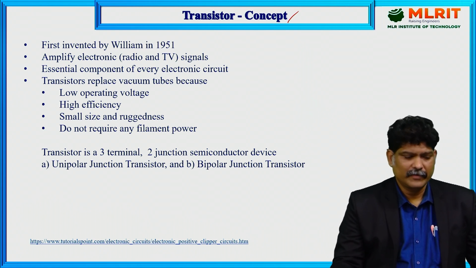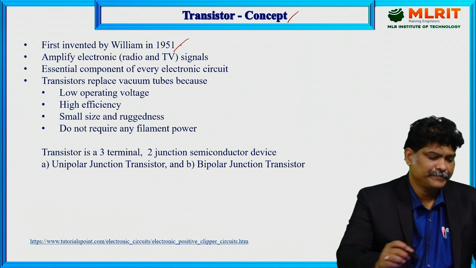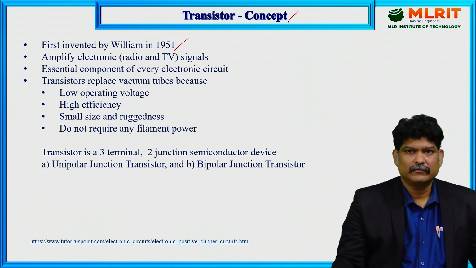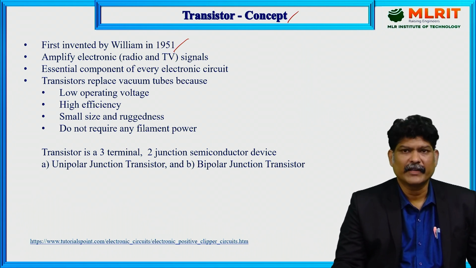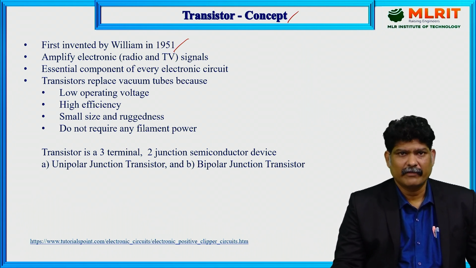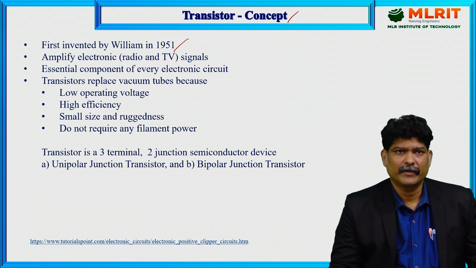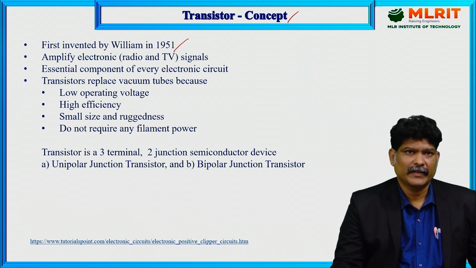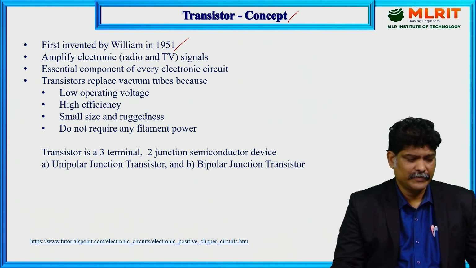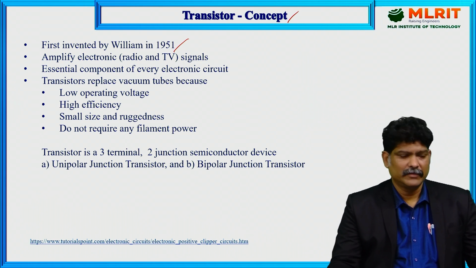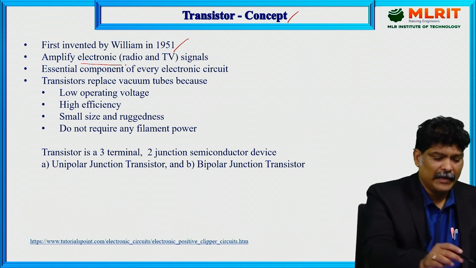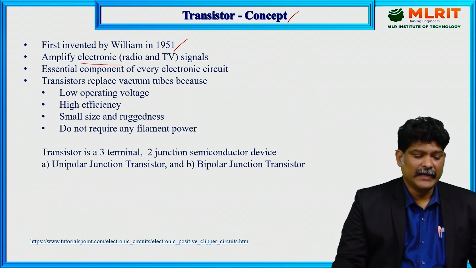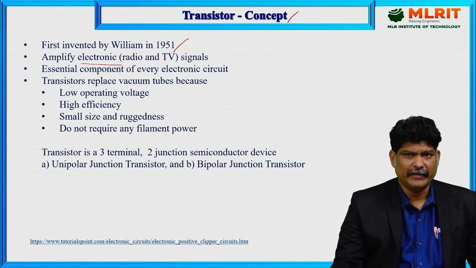After the invention of transistors, the space required for placement of the components is reduced drastically, and it gives more advantages compared to vacuum tubes. These transistors are used for amplifying electronic signals, particularly radio signals and television signals, and it is an essential component of every electronic circuit.